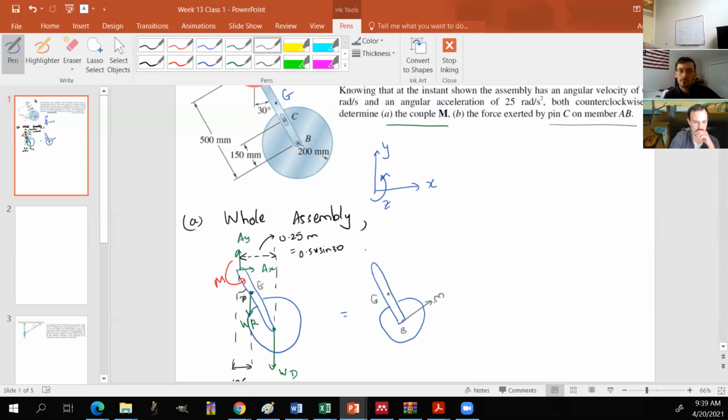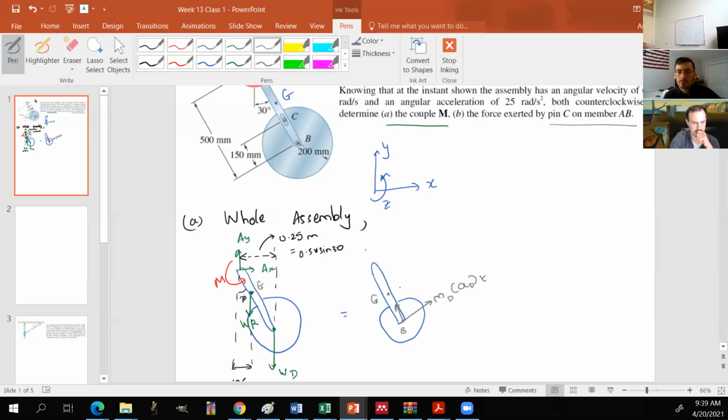So let's say for the disk itself, and always remember, you're looking at what's happening at the centroid. So the mass of the disk times the acceleration of the disk in the tangential component, and then you're going to have the normal component, but we're not worried about it because it's going to pass through the point that we're going to be solving the problem about.